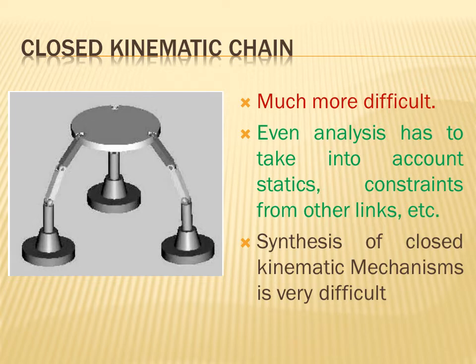You can see that the motion of one chain is constrained by the motion of the second chain, and also by the third chain, right? Because in the previous case the end link can move freely in space, now this is not possible in the case of the closed kinematic chain. Therefore the analysis is also complicated, and it may take some time, right?